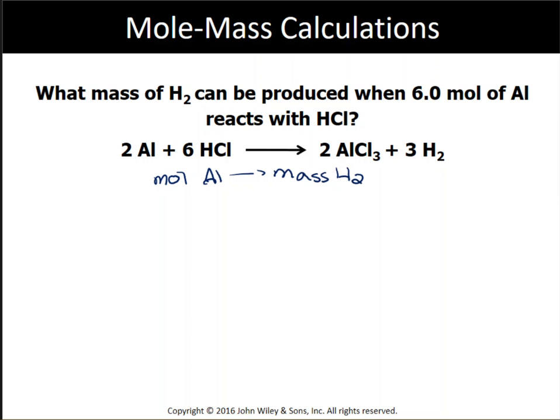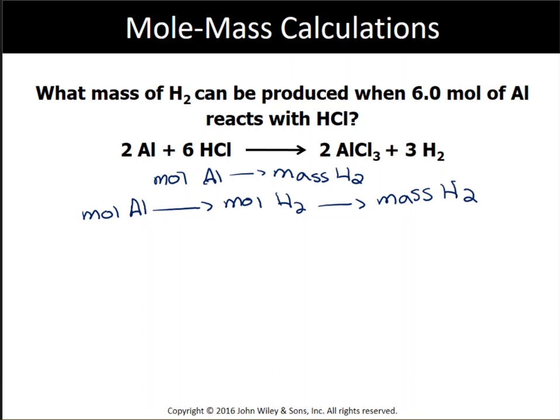So from moles of aluminum, we can't go directly to mass of H2. So our plan should be converting from moles of aluminum first to moles of hydrogen, and once we have moles of hydrogen, then you want to find the mass of hydrogen.